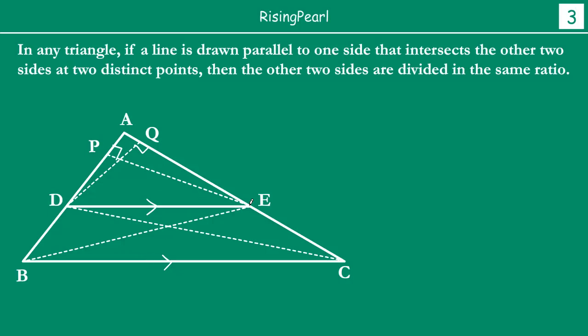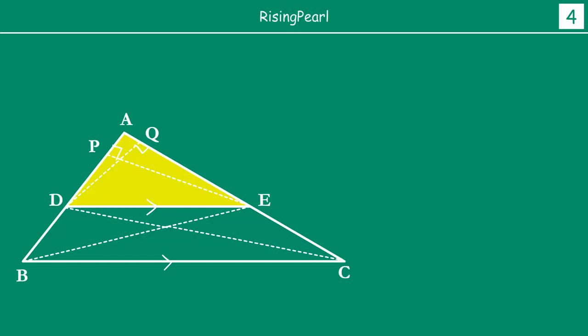Then from the point E, we drop a perpendicular on AB, and similarly from point D, we drop a perpendicular on AC, right? Why are we doing that? You will see that in just a moment. Now we are going to first focus our attention on triangle ADE.